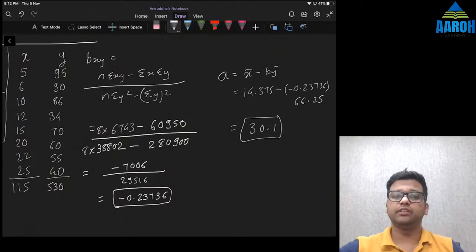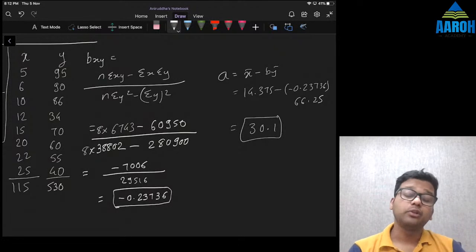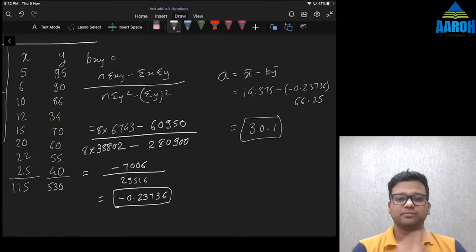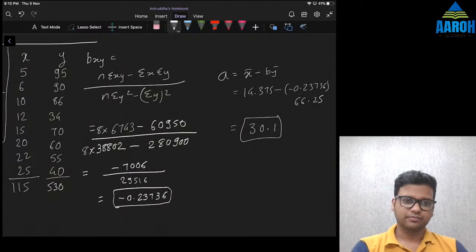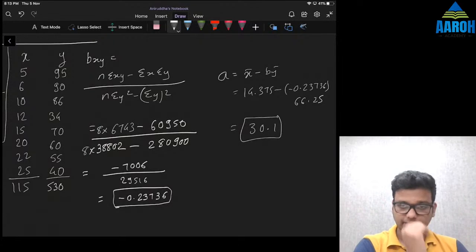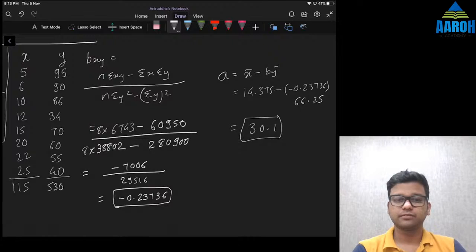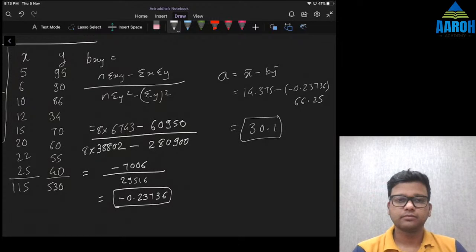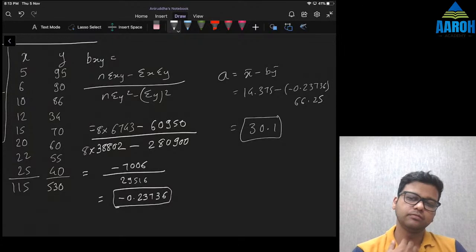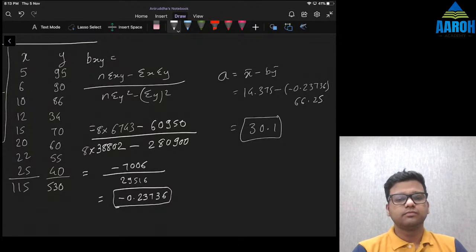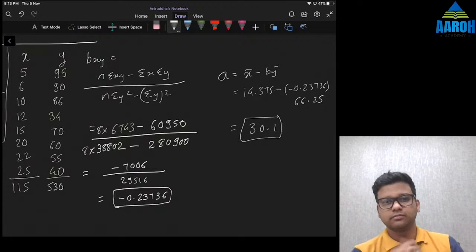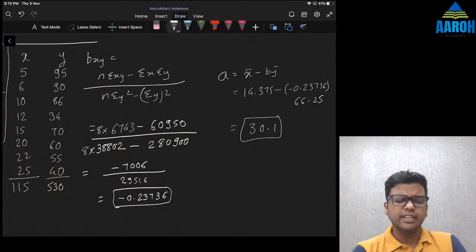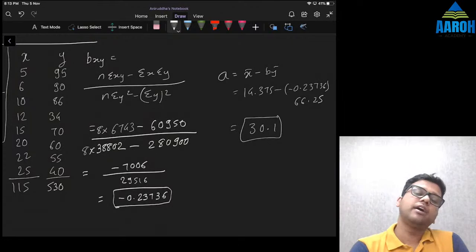I'll wait till everyone gives their answers, so that I'll also understand whether I have made any calculation mistake or Akash has made any calculation mistake.